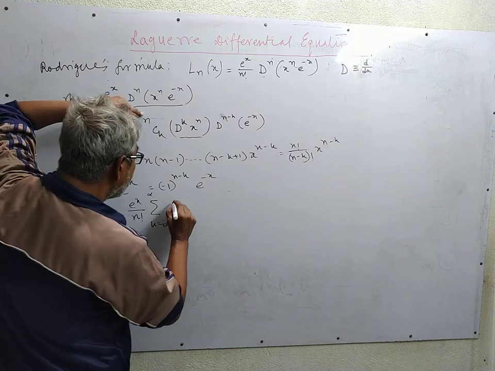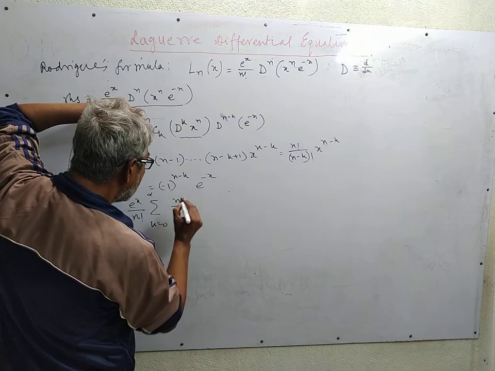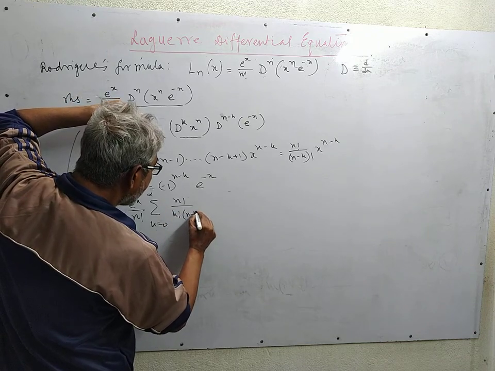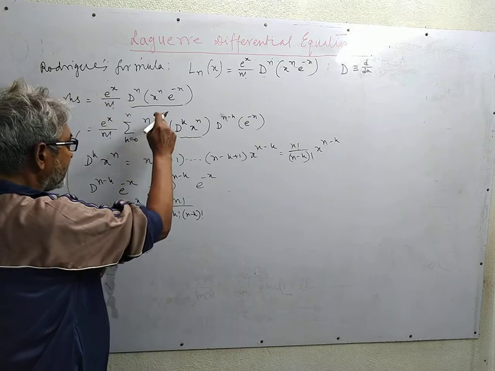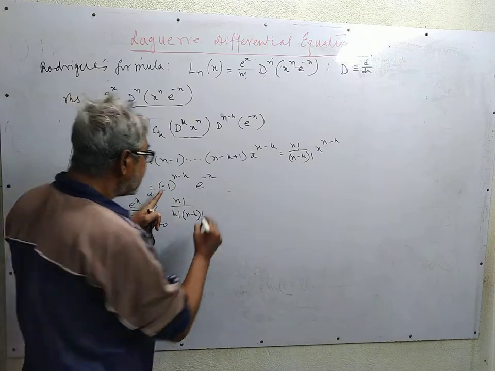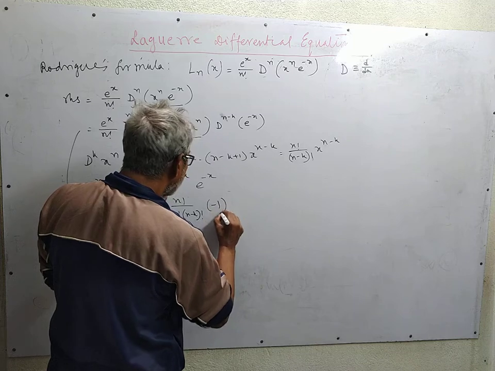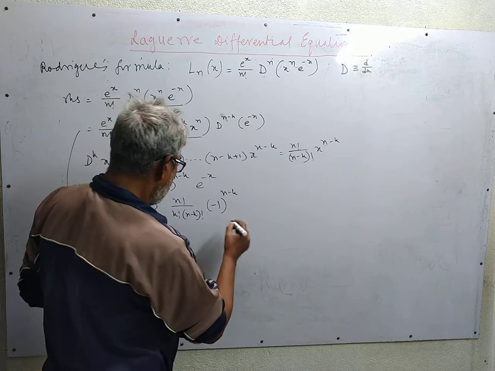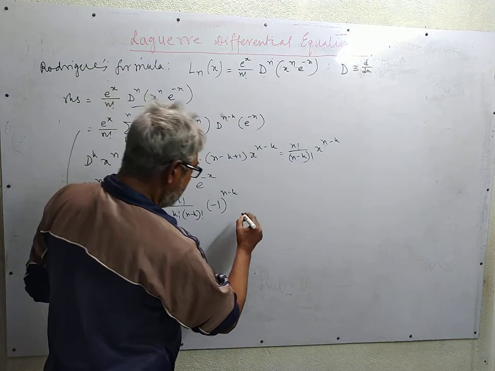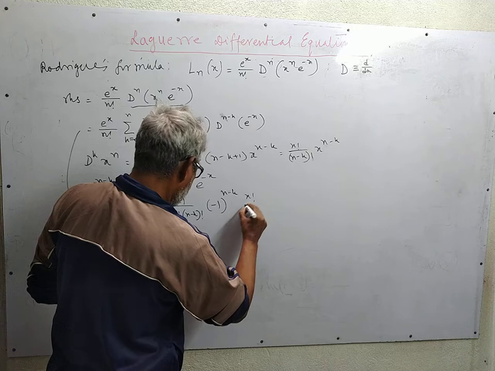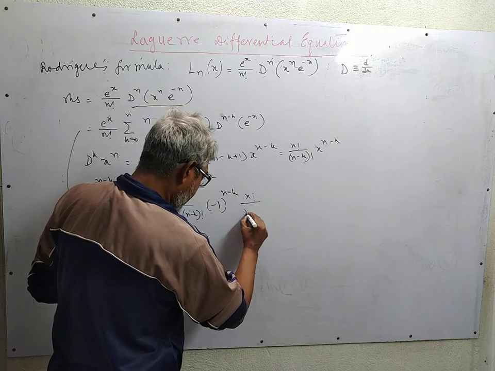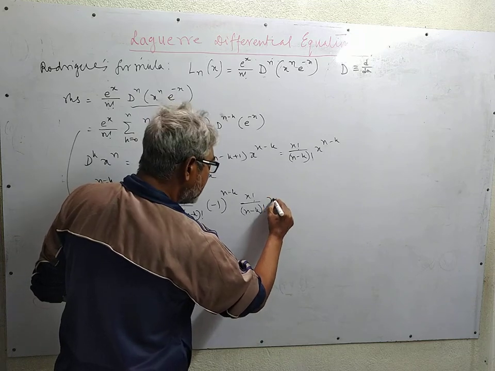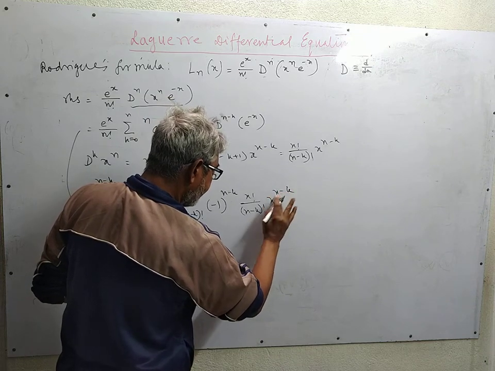For nCk we write n factorial by k factorial n minus k factorial, and for this we write minus 1 to the power n minus k, n factorial by n minus k factorial x^(n minus k).